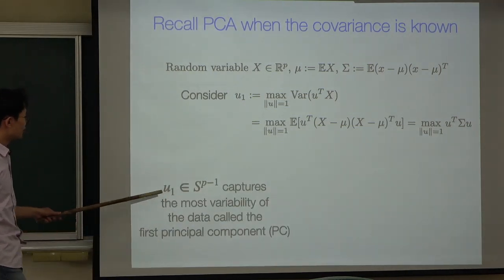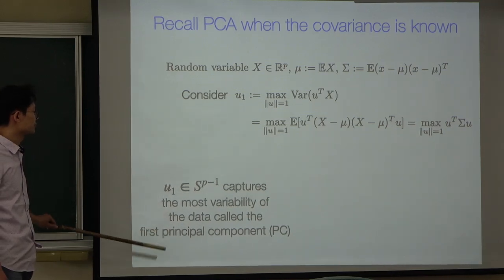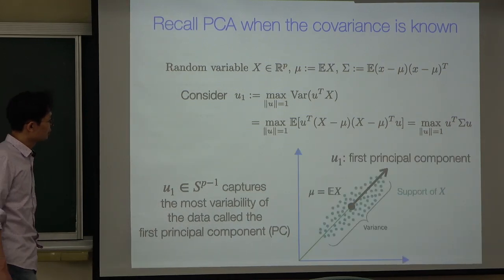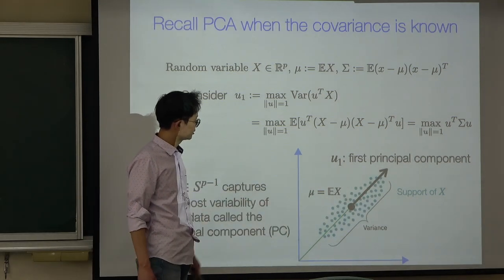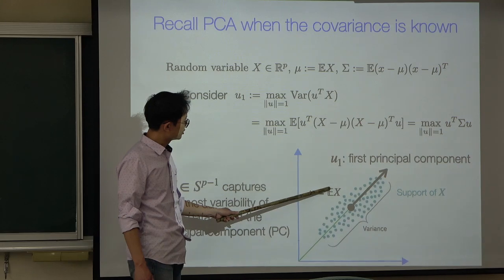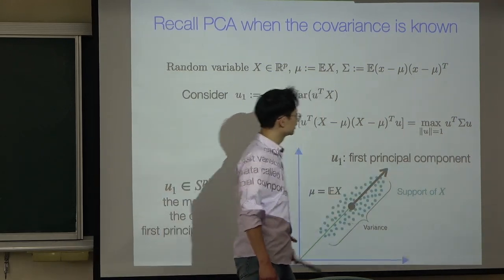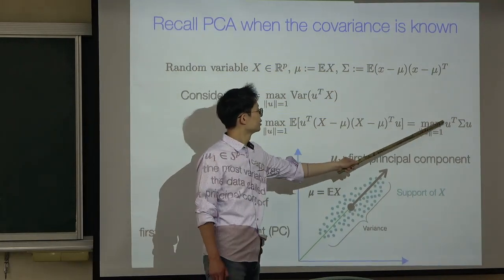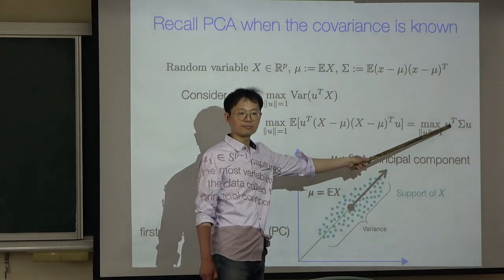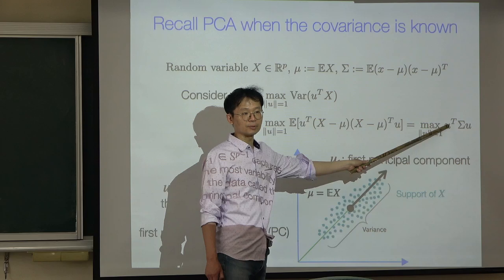The solution u1 captures the most variability of the data and is called the first principal component, which looks like this. Suppose those blue dots are the data set, mu is the expectation, and u1 is the first principal component. And how to get u1? Very easy. Maximizing this is finding the top eigenvector.